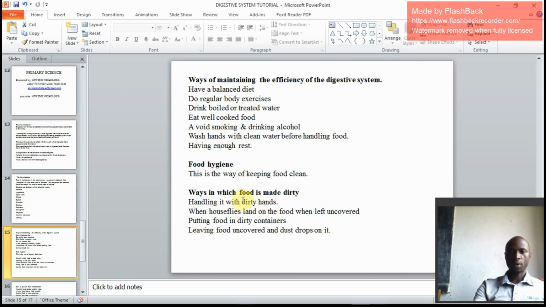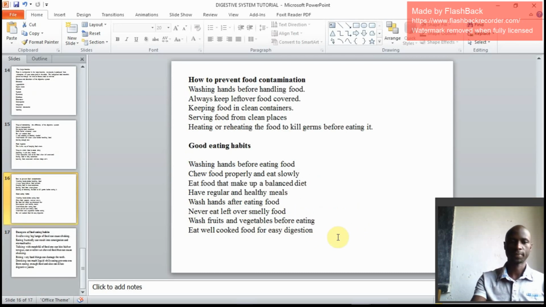When you handle food with dirty hands, or some of us leave food uncovered, houseflies may land on it and leave germs that will eventually cause diseases. Putting food in dirty containers, we need to wash and dry or wipe them. Leaving food uncovered so dust drops on it also makes food dirty.